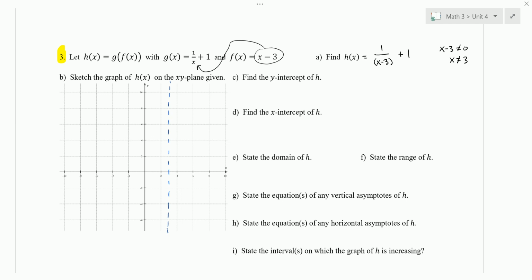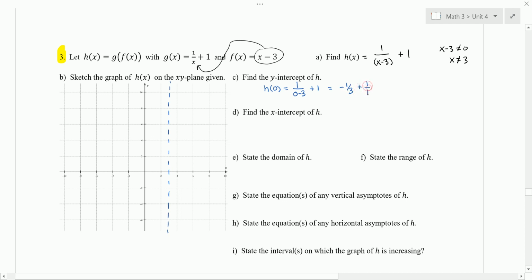Part C asks us to find the y-intercept, and the y-intercept is the value when we plug in 0 for x. And so we get h of 0 is 1 over 0 minus 3 plus 1, which is negative 1/3 plus 1.